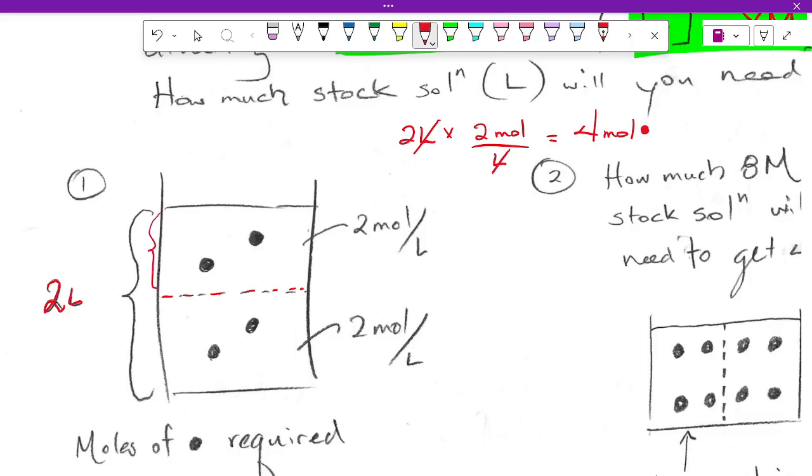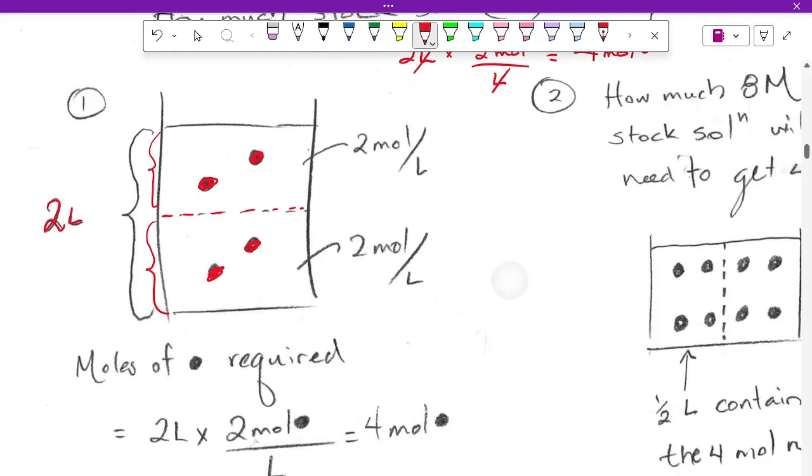So we have 1 liter and a 1 liter, and each liter is 2 moles per liter. So there's 2 moles in this top liter, and there's 2 moles in the bottom liter, and that gives us 4 moles, which we did by just doing the math. Obviously, you're not going to draw this out every time, but that's really where the math comes from. So now we know this is how much we need.